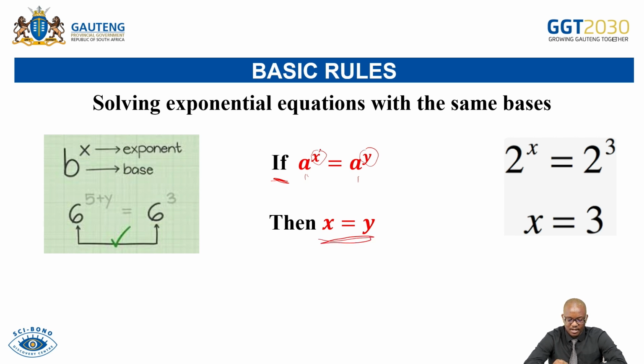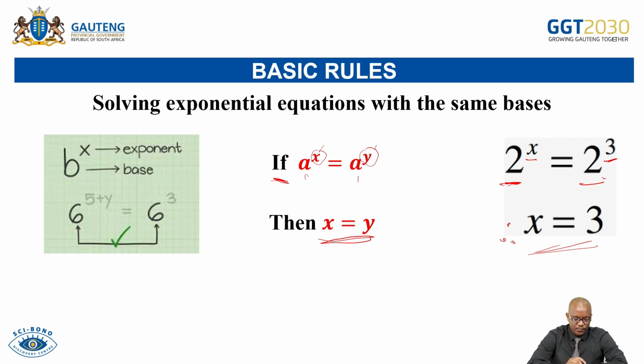It means x is going to be equal to y. So with the same exponents, we equate the base, and with the same base, we equate the exponent. We can see our example there: if you have 2 to the exponent of x equal to 2 to the exponent of 3, the bases are the same, then we equate the exponents. Therefore, x is equal to 3.